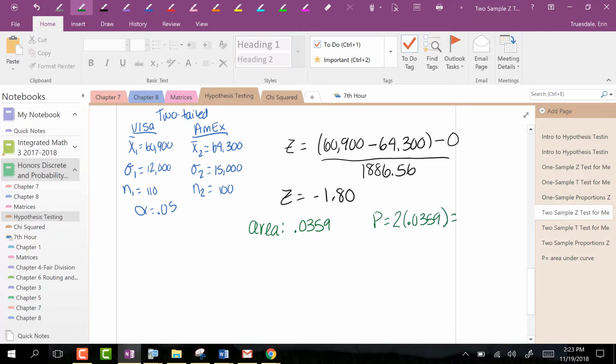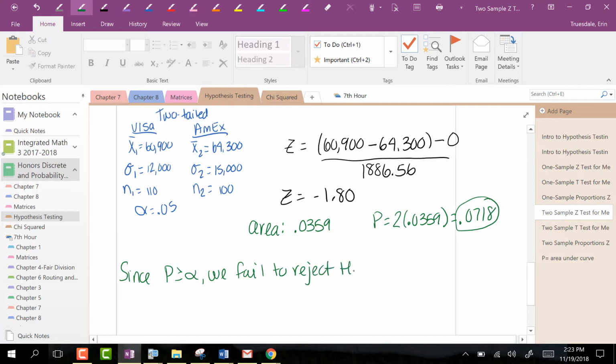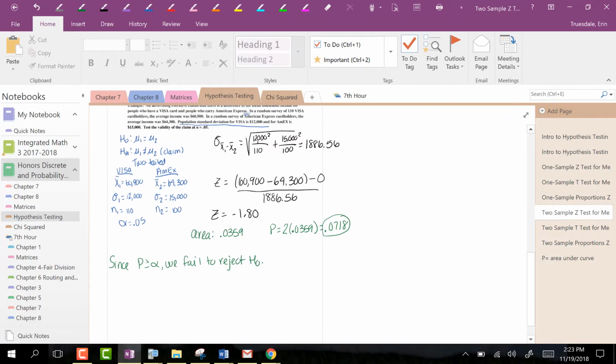Okay, so now it's a z-test. What do I do with that p-value? Compare it to alpha. So compare it back to alpha and say since p is greater than or equal to alpha, we fail to reject H sub 0. Okay, so now go back, look at your claim. Was the claim H sub 0? So if we failed to reject the one that wasn't the claim, I need to say there's not sufficient evidence.